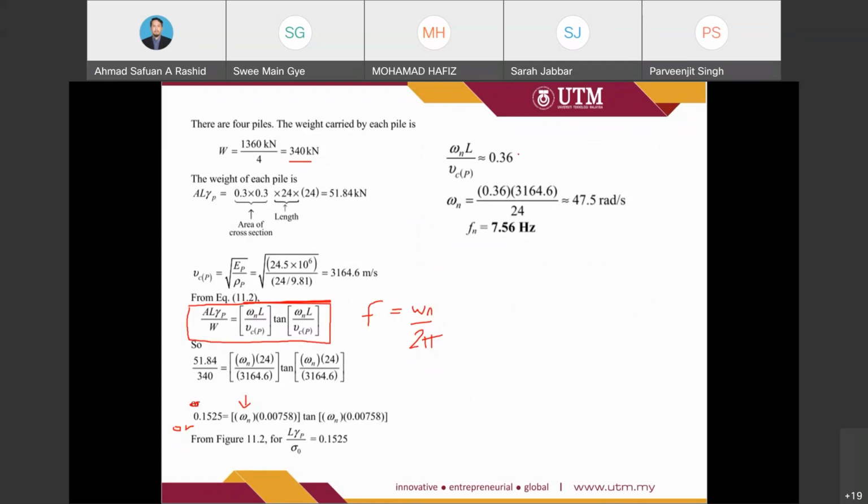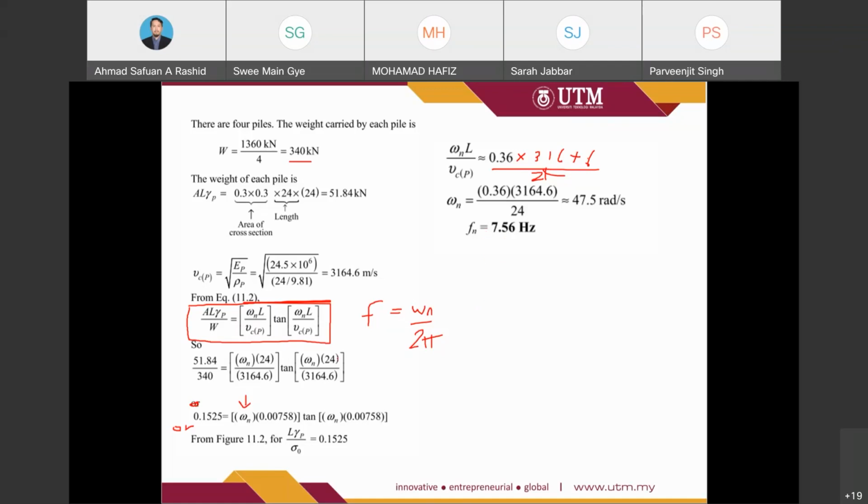This value we then multiply with 3164.4, which is the V_cp, over 24. So the value for omega is 47.5. Then from the 47.5, divide by 2 pi, so we obtain 7.56 Hz.